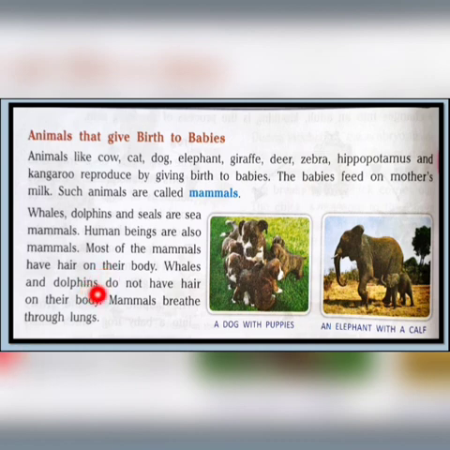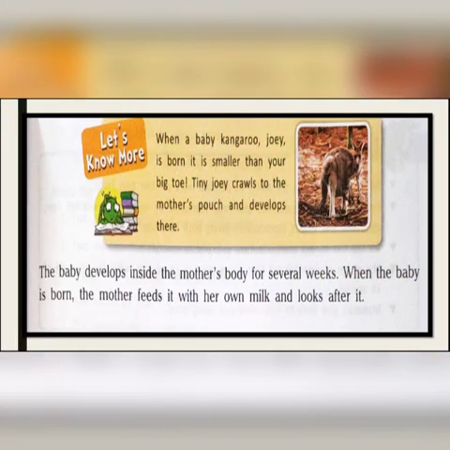Mammals breathe through lungs. And the baby develops inside the mother's body for several weeks in case of mammals, and when the baby is born, the mother feeds it with her own milk and looks after it. So these are some characteristics of mammals.